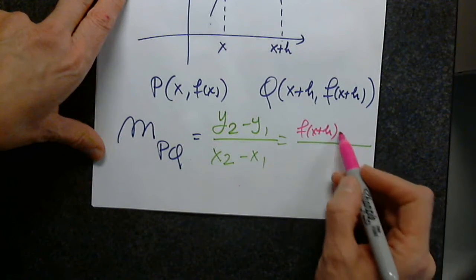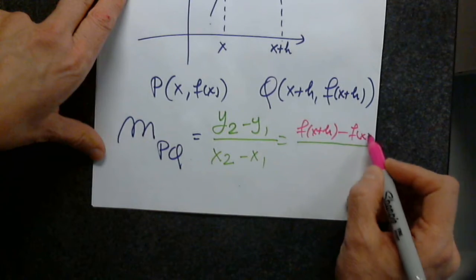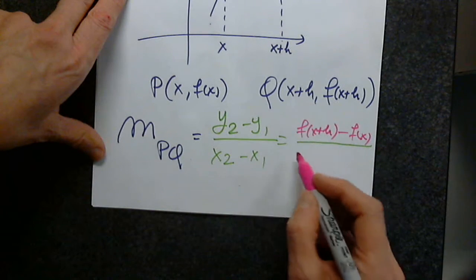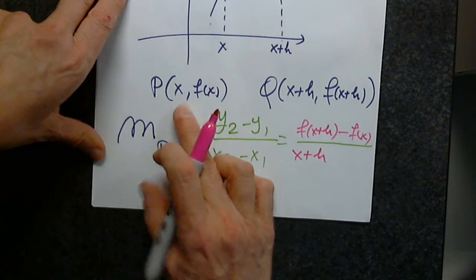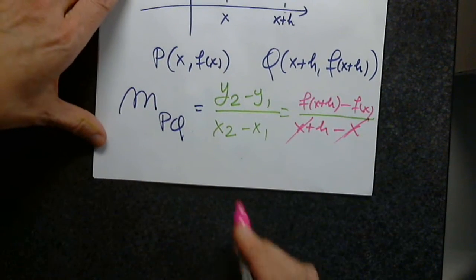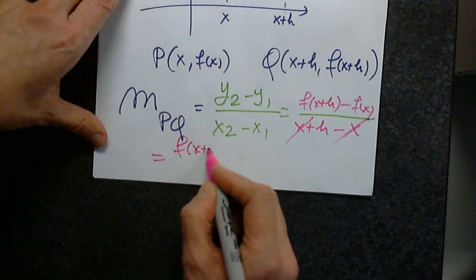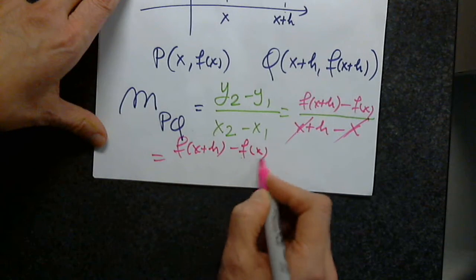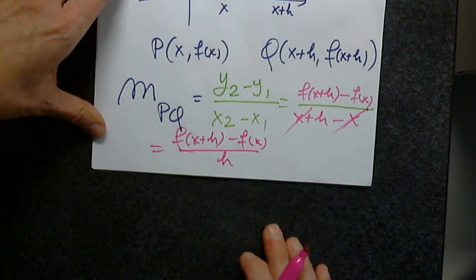Very good. Over x plus h minus x. It happens that these two go away. So this is f of x plus h minus f of x divided by h.